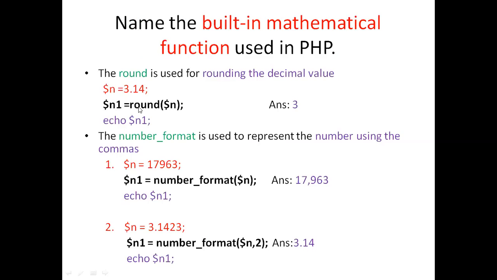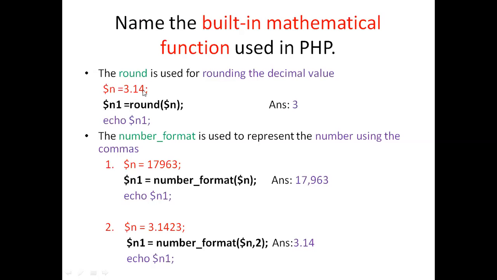So you are going to round this value. Then the echo is going to be N1, not N here. You are going to output the new value. N is the old value, 3.14, but you are going to output the new one, N1. You can write here new N, no problem. If you write new N, you have to change it here to new N.